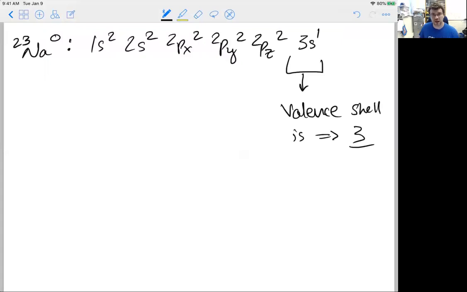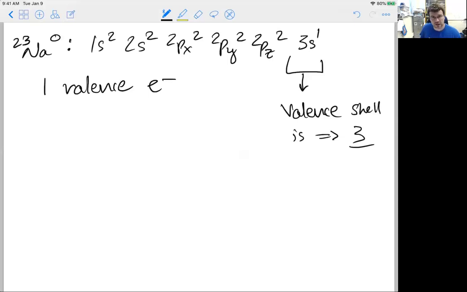The third shell is now the valence shell because it has 1 electron in it, and it's the shell that's furthest away from the nucleus or has the highest numbered shell. And if that is our valence shell, then we have 1 valence electron. 1 valence electron in the outermost shell.